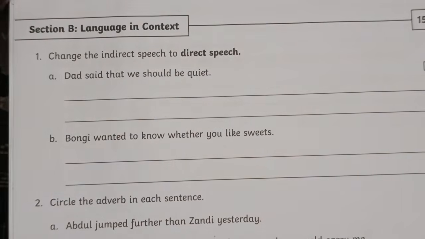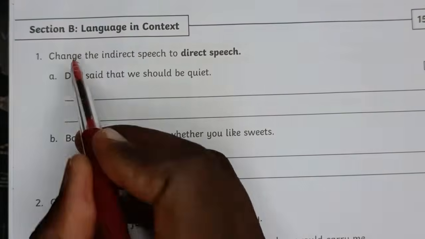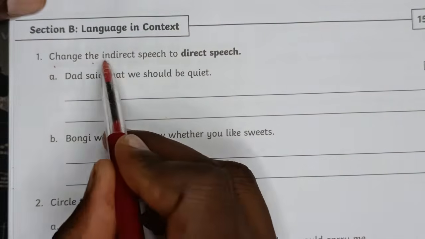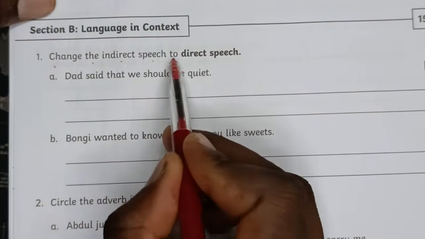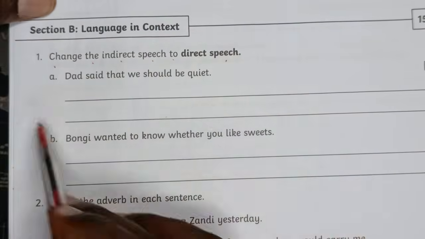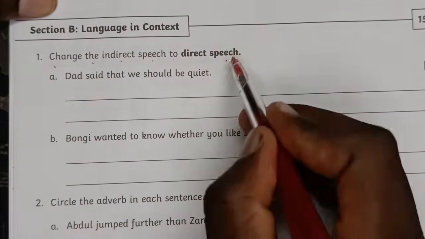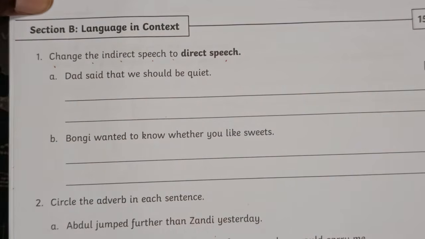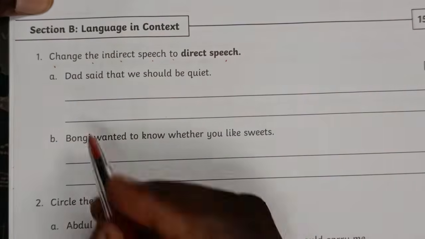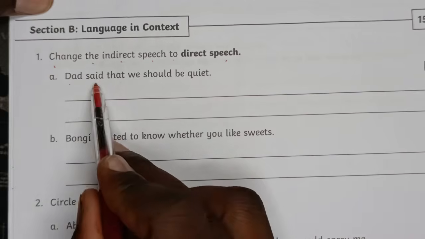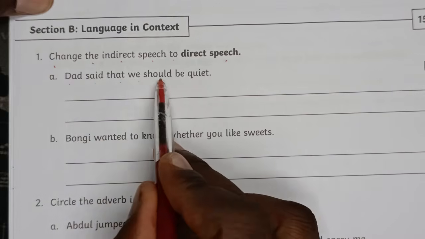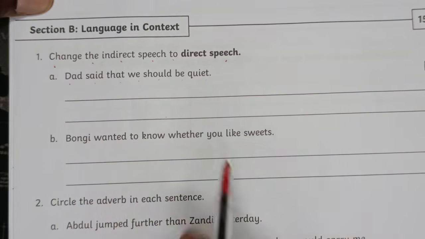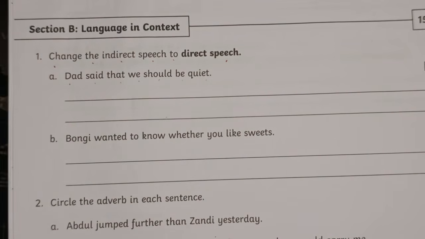Section B says, change the indirect speech to direct. So here you are expected to change these sentences, which are indirect speech, to direct. Dad said that we should be quiet. That is indirect speech.